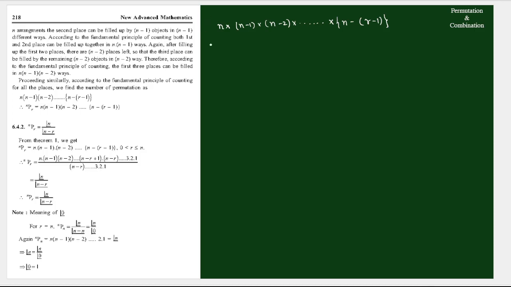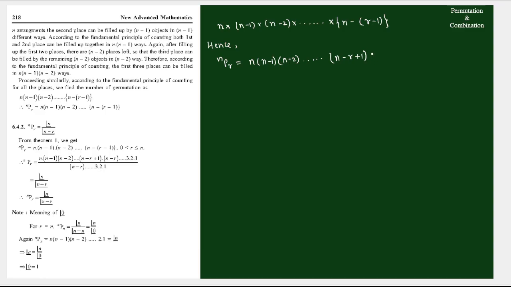So hence, what is nPr? nPr will be n, n minus 1, n minus 2, dot dot, n minus r plus 1.